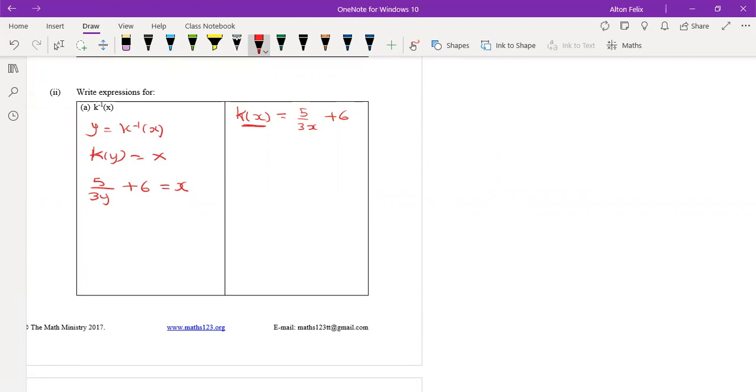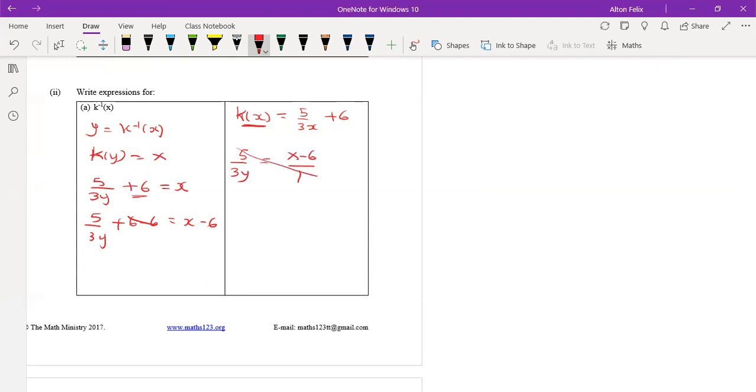So let's subtract 6 on both sides first, to eliminate the plus 6. So this becomes 5 over 3y is equal to x minus 6 over 1.